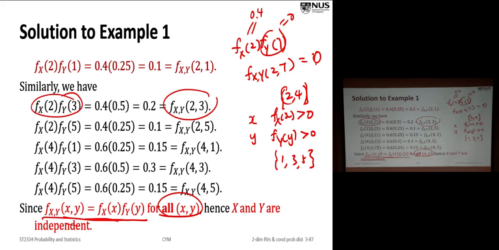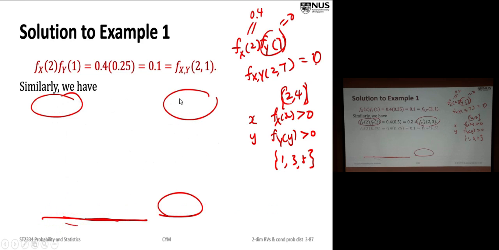Then the conclusion is that x and y are not independent. So in other words, checking not independent sometimes is easier, if you're able to find one particular x, y value such that f of x, y does not equal f of x times f of y. But in this example, yes, x and y are independent.